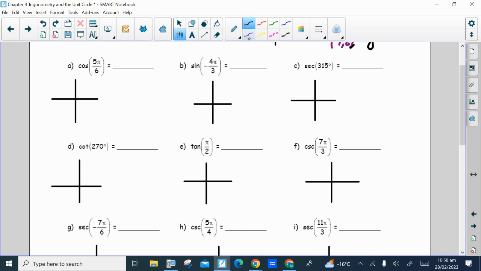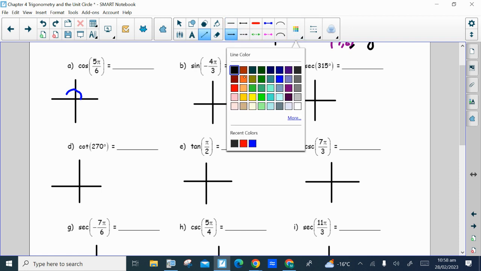So for the first one, we're going 5 pi on 6s in a positive direction, which is counterclockwise. Remember, 6 pi on 6s would be halfway around. That's equivalent to pi. We're going to be 1 pi on 6 short of that. So it's going to come something like that. That's where our terminal arm will be.